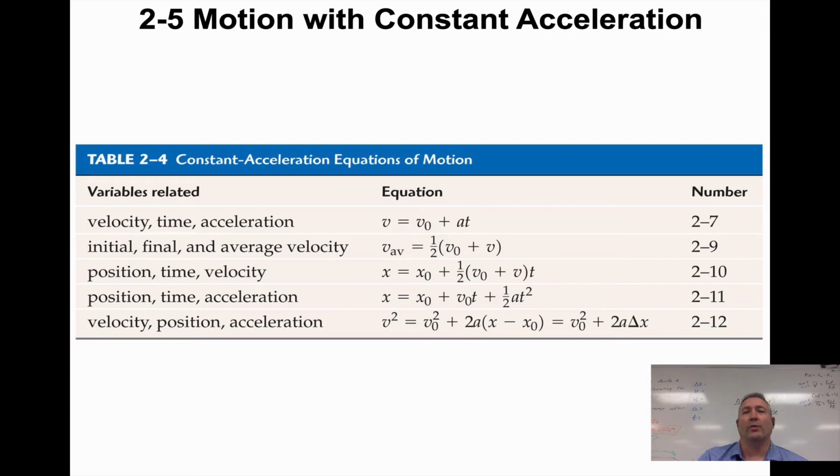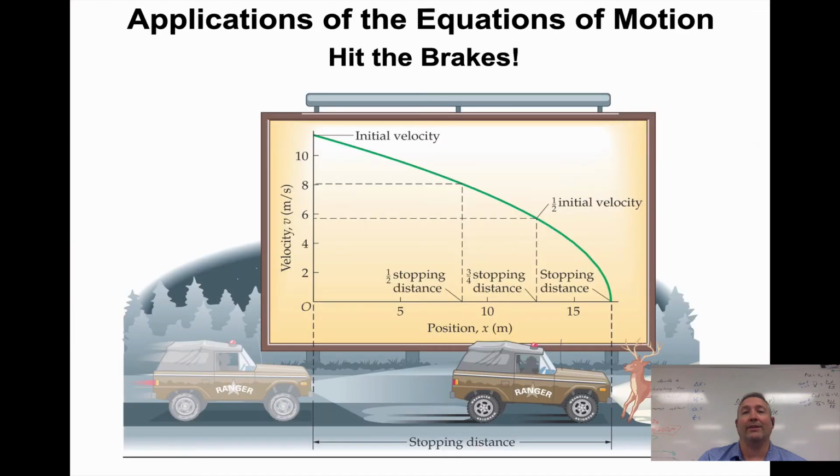All right? So when we have an acceleration, we have the typical curve, and that can predict things. This is what they do to figure out the stopping distance for vehicles, for example, for accidents. We know how fast it's going, we know at what rate it accelerates, and if we know the rate it accelerates, we can figure out how far it goes, and that is also a squared type of function.